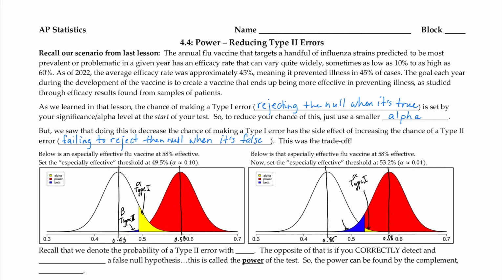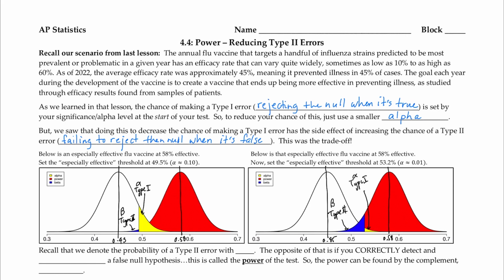However, we can see that the blue area there, which is beta, the chance of making a type 2 error, increases. So that's the most basic way of messing with your alpha levels and your chance of making a type 1 error. On the flip side, the chance of making a type 2 error, you are also in control of if you mess around with your alpha levels. That's one of the more straightforward things.